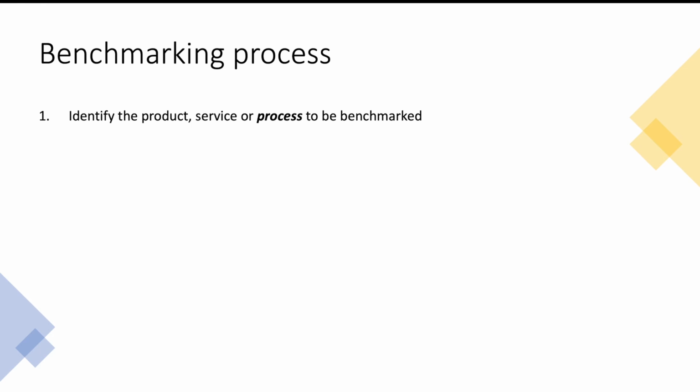So implementing the benchmarking process, first of all, what we have to do is identify the product, service, or process that needs to be benchmarked. First of all, we are identifying what needs to be benchmarked. It might be result-based benchmarking, or it might be process-based benchmarking.